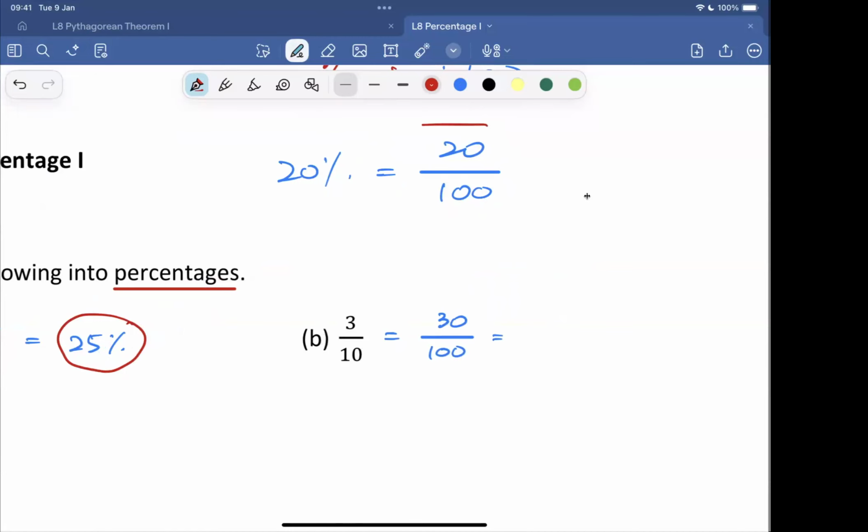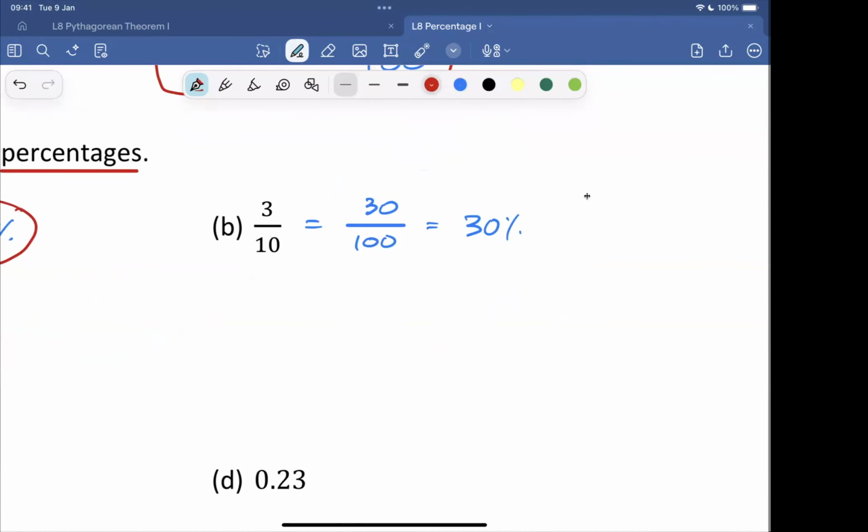Can you look at this example that I gave you here? 20 out of 100 is 20%, right? So 30 over 100 has to be 30%. Correct. So what is the meaning of this symbol, percentage? It means divide by how much? Divided by 100. Correct. So that's why when you see 30%, it means 30 divided by 100. You understand?